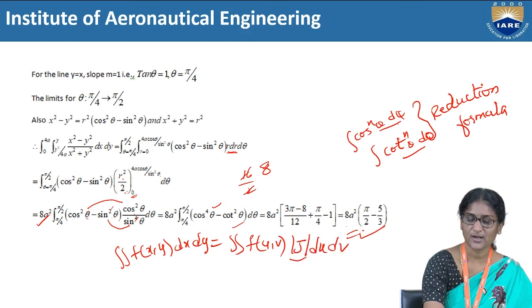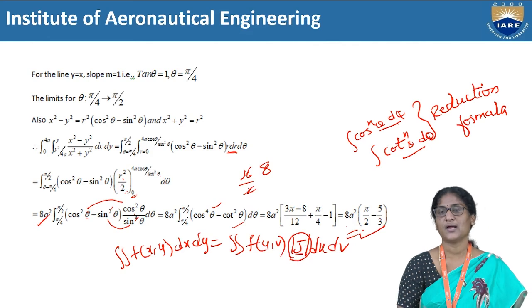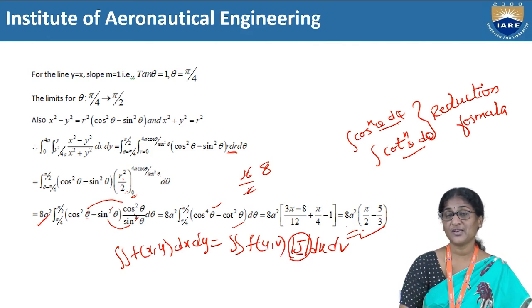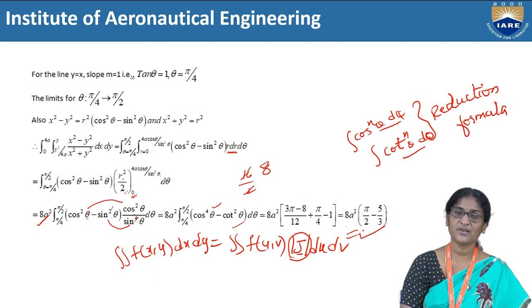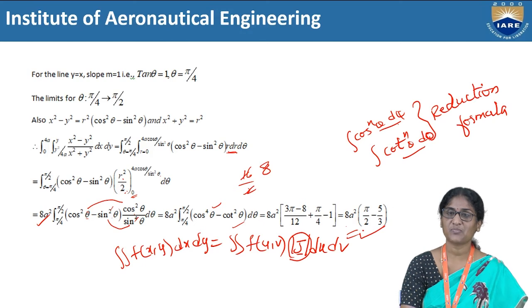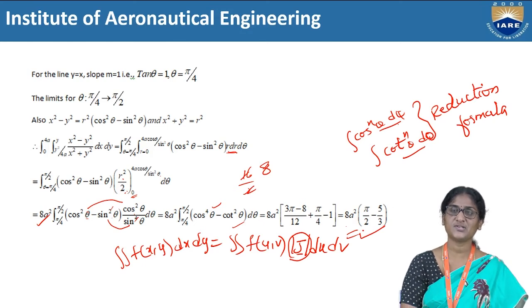Whenever you convert from Cartesian to polar, the value is r dr d theta. But whenever you are converting from Cartesian to some other coordinates, you need to find out the Jacobian value.